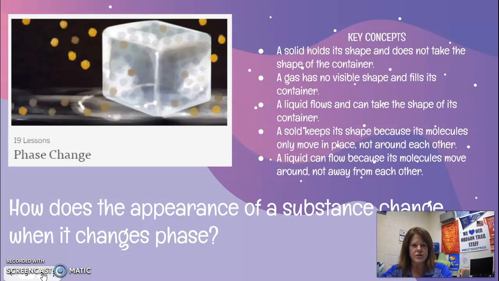Next, we have phase change. There's 19 lessons in phase change. In this unit, the students are going to take on the role of a chemist, and they're going to investigate a mysterious disappearance of the methane lake that is on one of Saturn's moons. Now, this is fictitious also, but there's a methane lake that is on one of Saturn's moons.